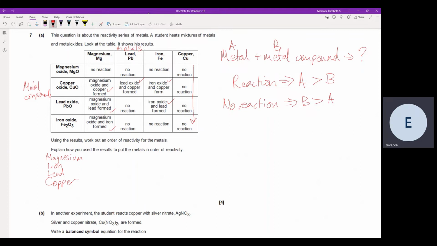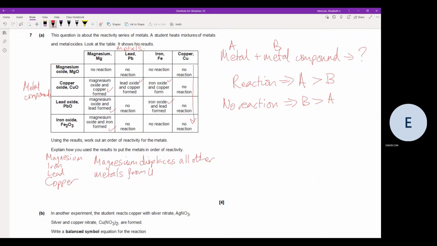So let's talk about magnesium. So magnesium displaces all other metals from their compound. Okay. And then we also want some kind of explanation about how the lead can be placed relative to the iron.